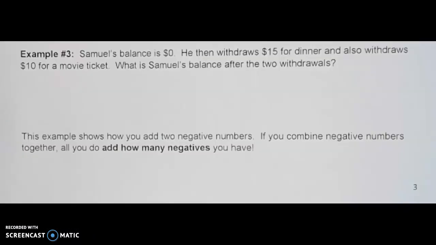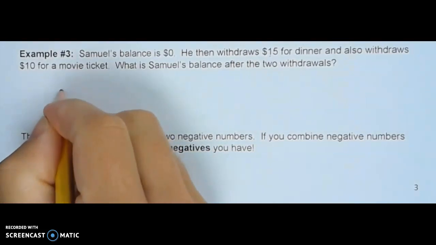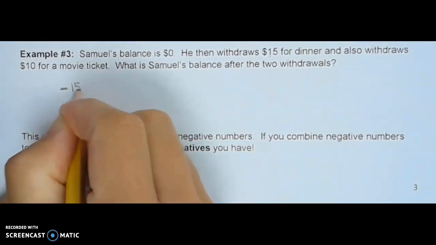In example 3, we're told that Samuel's balance is $0. He then withdraws $15 for dinner and also withdraws $10 for a movie ticket. What is Samuel's balance after the two withdrawals? The thing that we need to remember here is that when we withdraw money, we represent it with a negative number. So he first withdraws $15 for dinner, so that's going to be a -15.